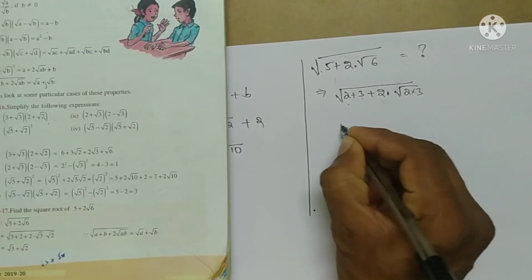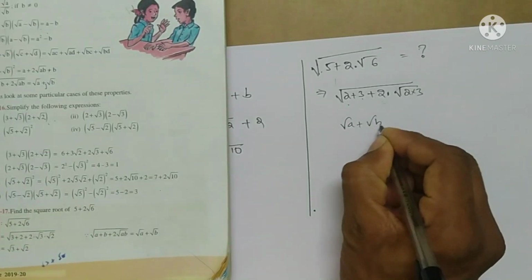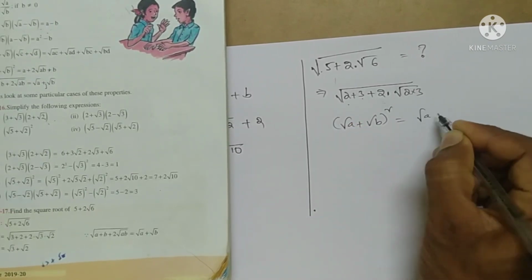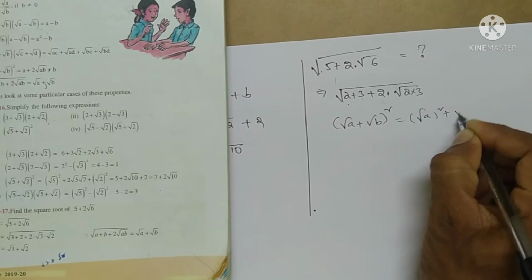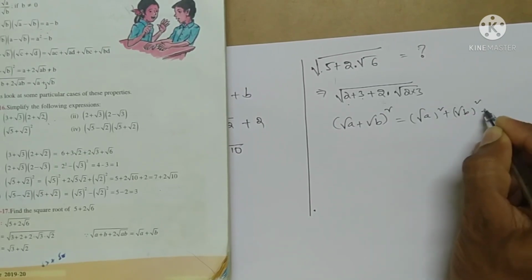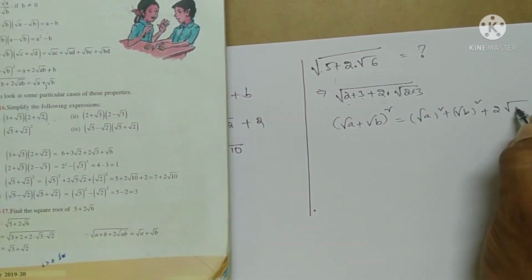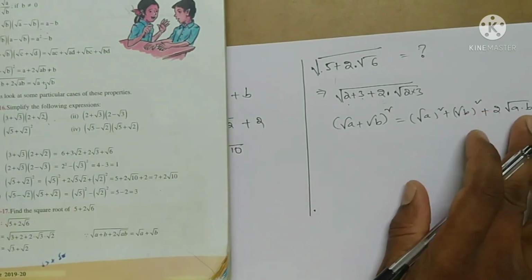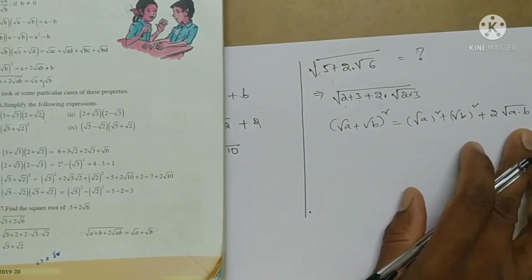So we know the formula, (root a plus root b) whole square is equal to root a whole square plus root b whole square plus 2 into square root of a into b. Root a into root b is nothing but under root a into b.